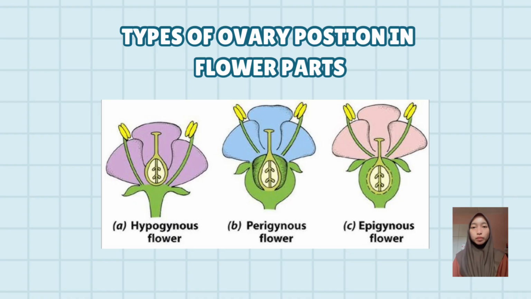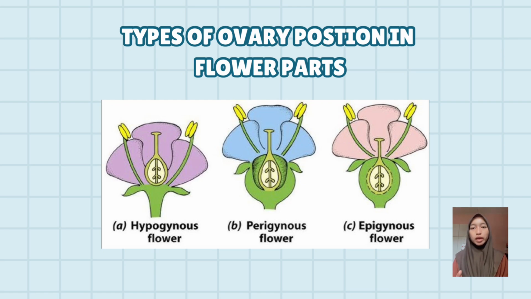Next, in the female flower parts, there is the ovary. The types of ovary condition in flowers: the first one is hypogynous, second is perigynous, and the third one is epigynous. Firstly, hypogynous is a condition where the ovary is on top and all the other flower parts are below the ovary.